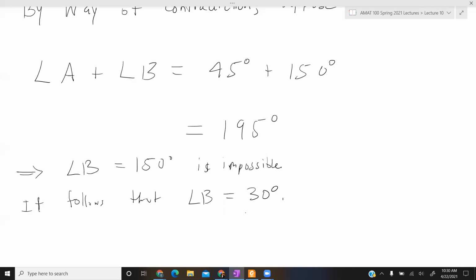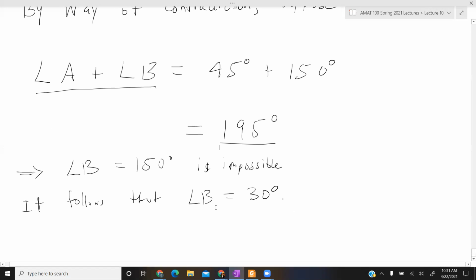So you do that by contradiction. You say, suppose this is the case, and then you obtain a contradiction. The contradiction we obtained in our case was that this sum was equal to 195, which is greater than 180 degrees. So that leads to, as they say, reductio ad absurdum. This is like a proof method. This is impossible. This cannot be the case.